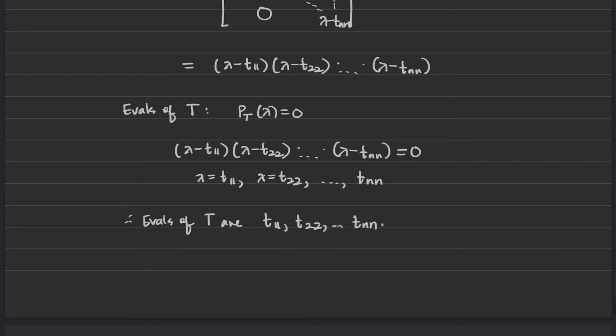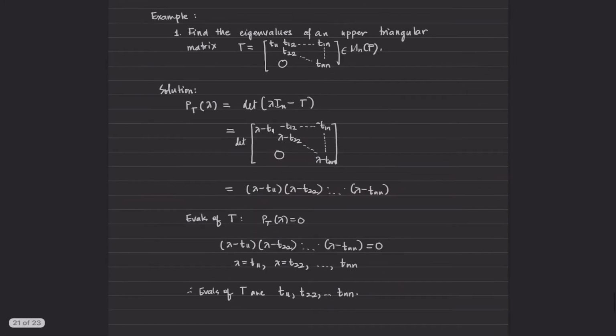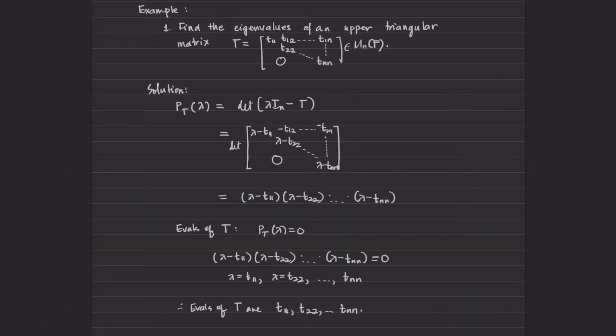So, anong sinasabi nito? Kailangan kapag nag-solve ka ng example, may realization dapat, no? Para magets nyo anong point niya. So, ang sinasabi nito, kapag meron kang upper triangular matrix, ang eigenvalues mo, ito daw, T11, T22, TNN.